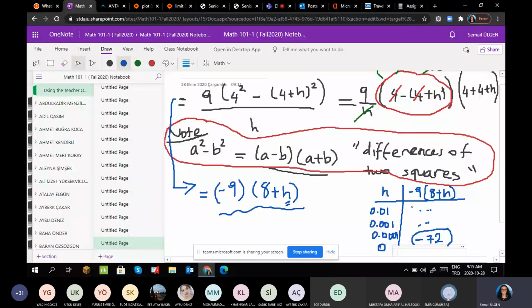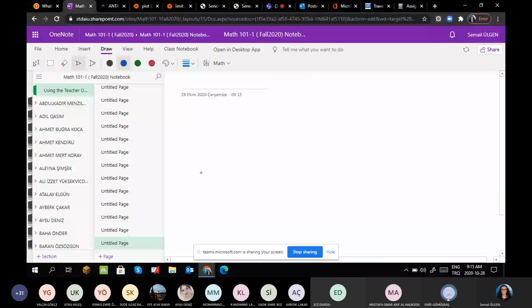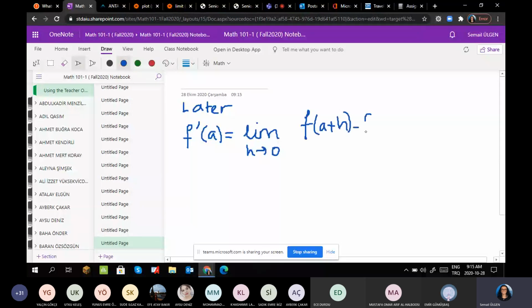Later on, we are going to define the derivative like that. I'm telling you now, we are going to use that definition, f of a plus h minus f of a over h.